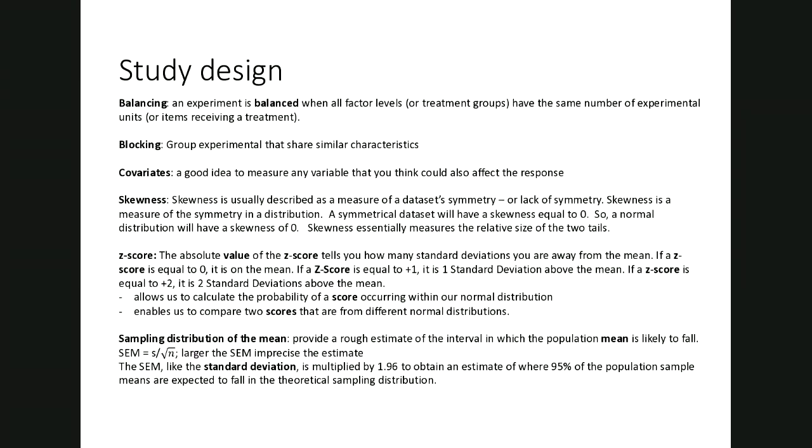So blocking is one of the techniques you can use to reduce bias, because you know there is bias based on certain parameters and conditions of your experimental place, and you identify that and block them into different groups. And the covariates I mentioned before. You know what covariance means: if one increases, another increases, if there is a relationship, and that could affect your response, then you just measure that as well.